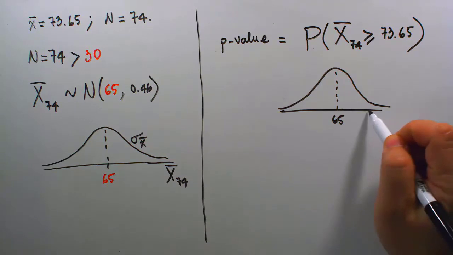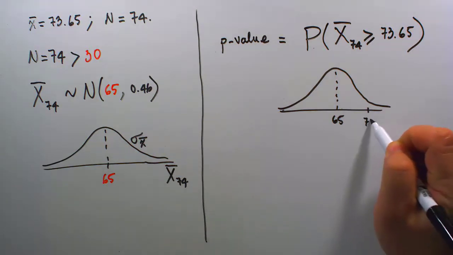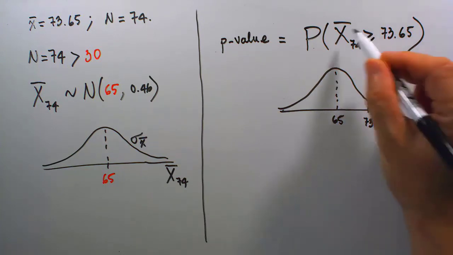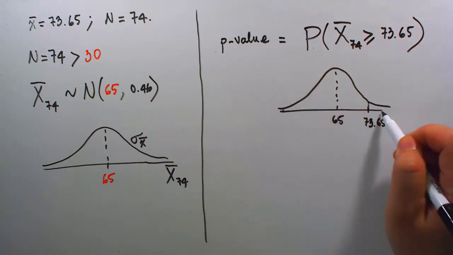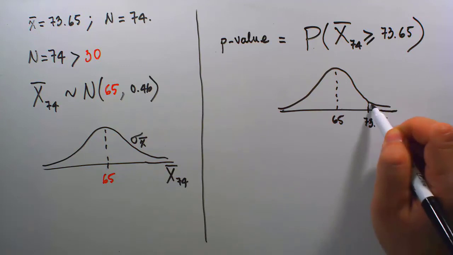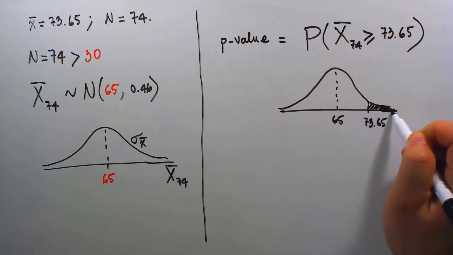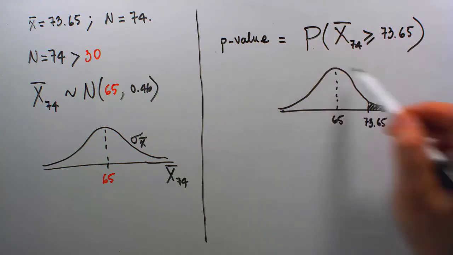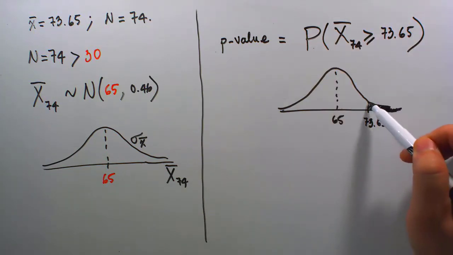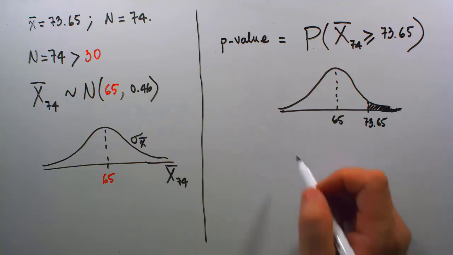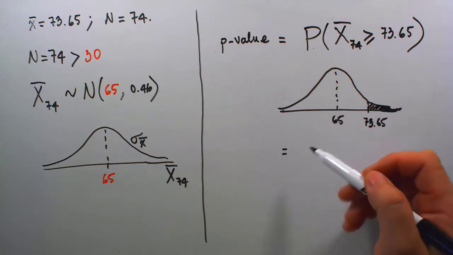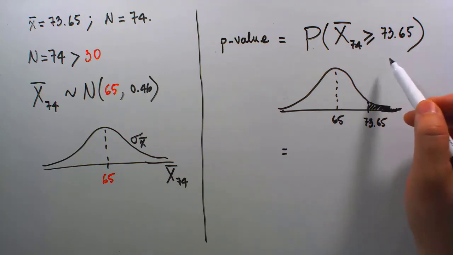But now 73.65 is somewhere to the right-hand side of the bell curve, and that probability setup is to be calculated as an area, the area on this bell curve shaded to the right-hand side of 73.65.